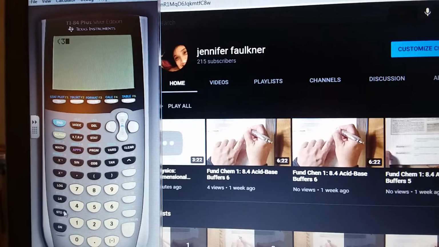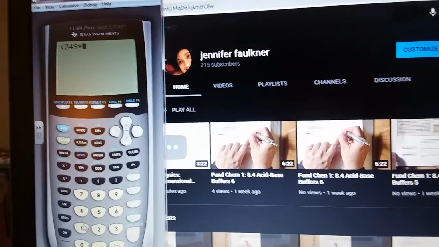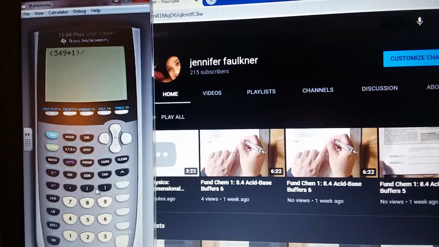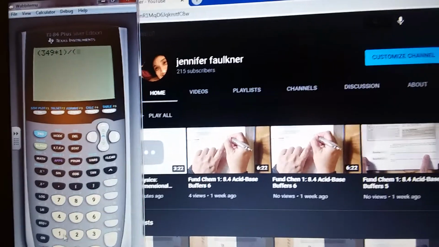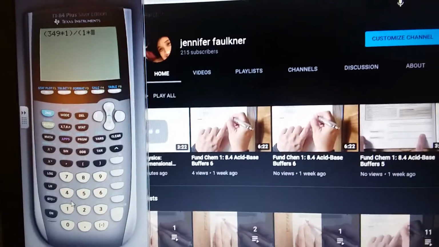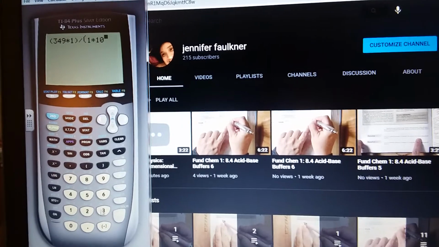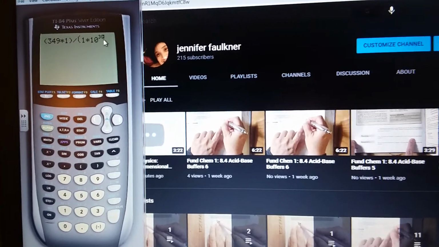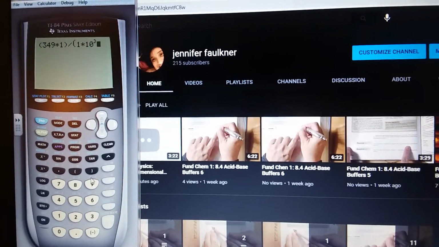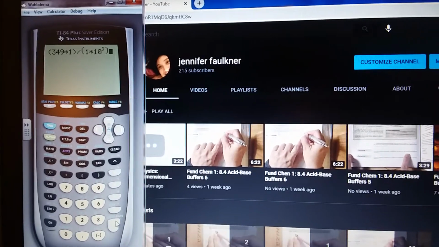Open parenthesis, and you'll see that we had 349 times 1, close parenthesis, divide, open parenthesis, 1 times 10 raised to the third power. And notice it's still up high in exponent land, so I'm going to hit this to bring it back down. And then close parenthesis and enter.